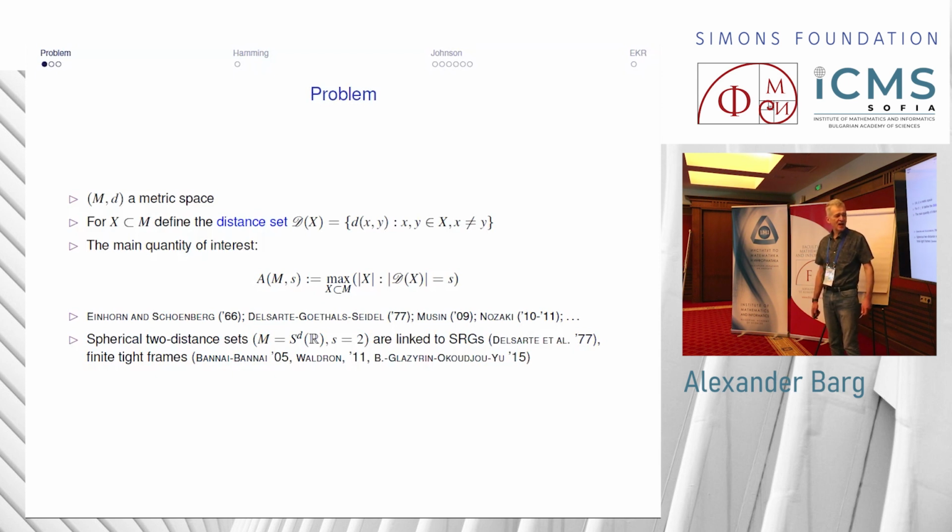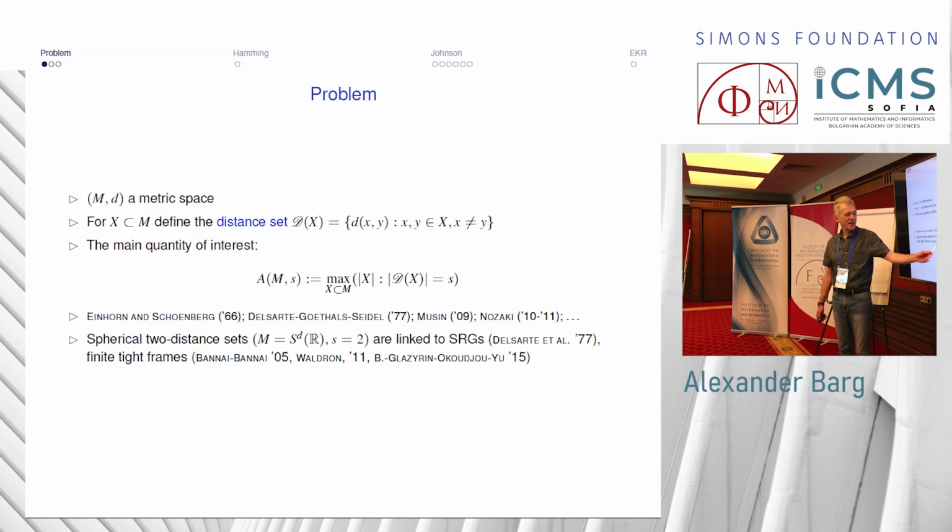Belsard-Kotel-Seidel, and the signal processing community picked them up at some point, rechristening them tight frames. More elaborate is finite unit norm tight frames, but then it contracts to fantifs, so they like fantifs very much. And indeed, there is a fantif if and only if there is a strongly regular graph.